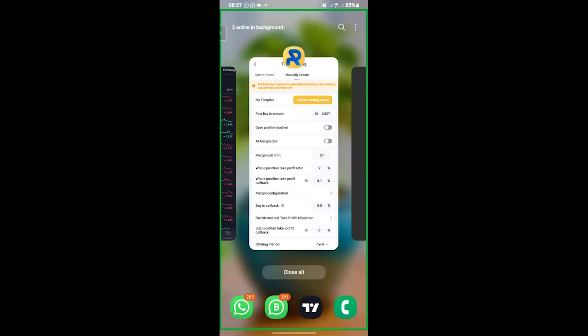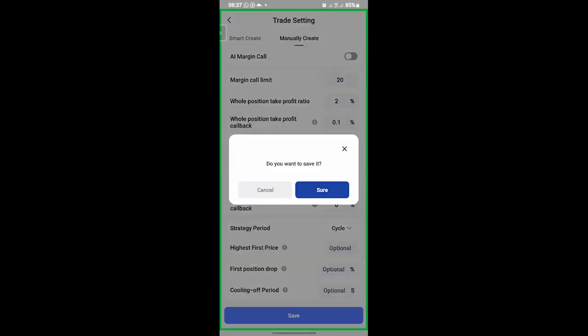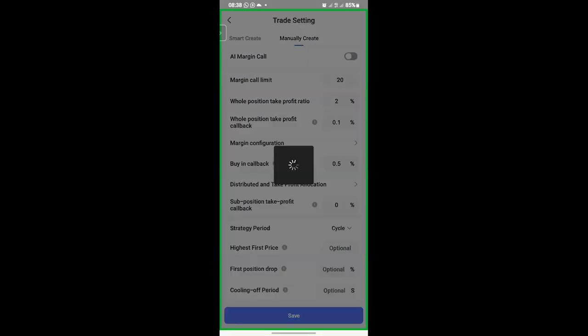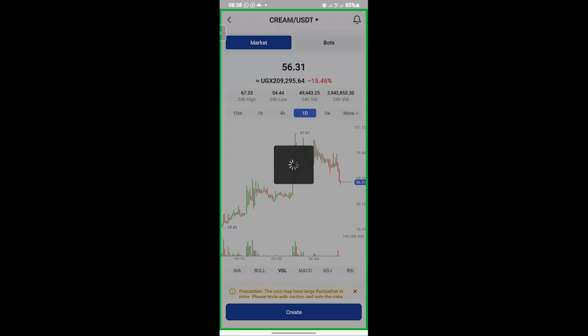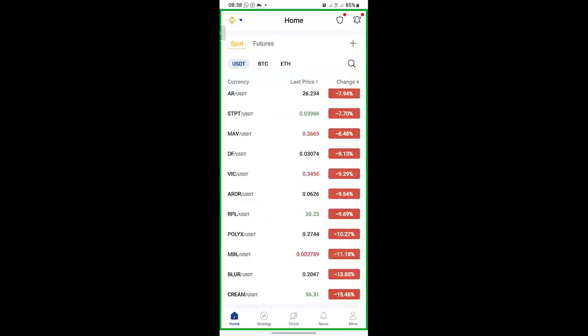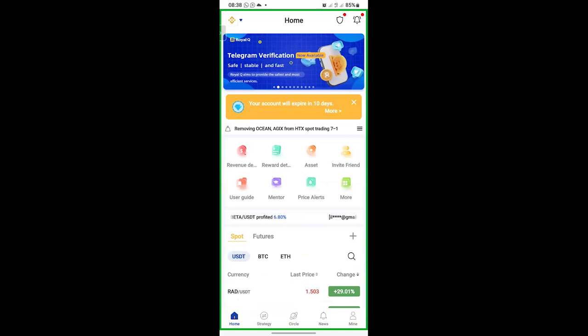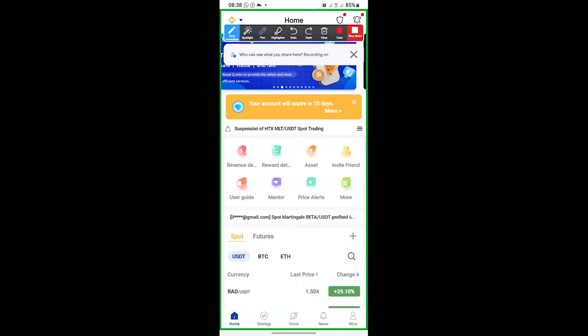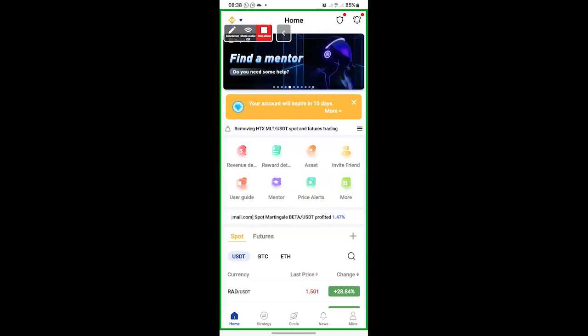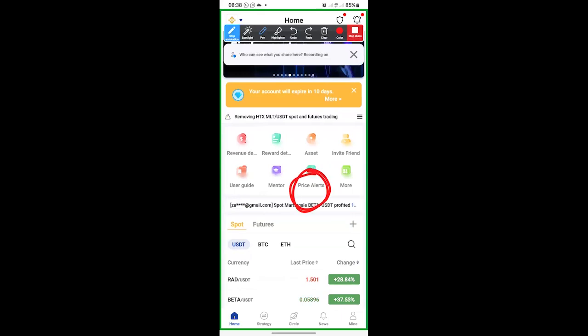If you want to set your price alert, let's first go back to the home page because it is important. Simply click on price alert. You've got that icon there. If you don't have it, you go to more here.